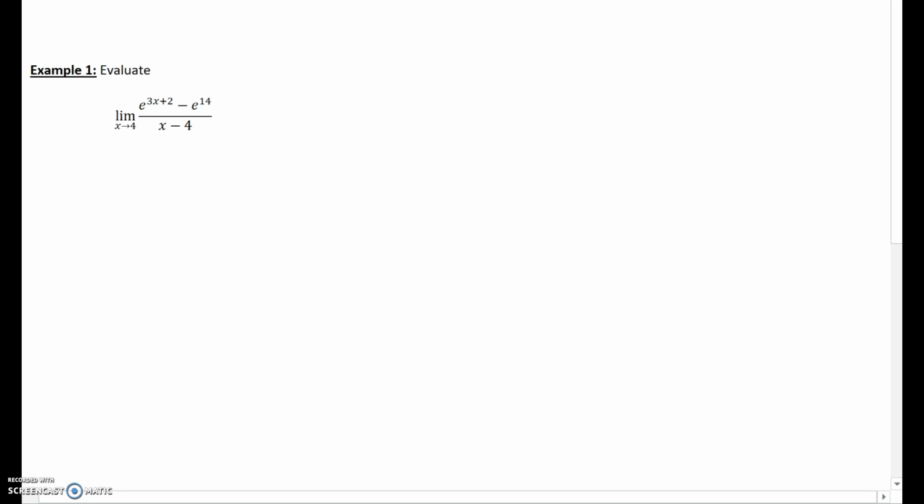So if we're going to do it by the definition of the derivative at a point, then we need to write out and compare what the definition of the derivative at a point is.